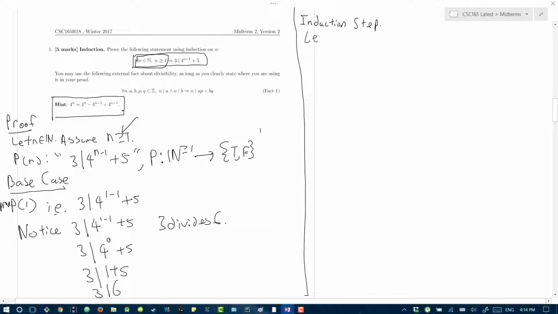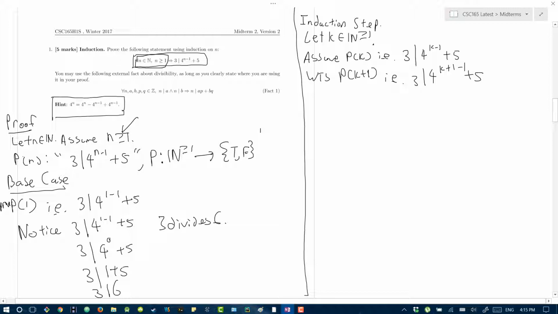Okay, so set a new variable k. This is a natural number that's larger than or equal to 1. Okay, then we assume P(k), which means that we're assuming 3 divides 4^(k-1) + 5, and then we want to show P(k+1), which means 4^(k+1-1) + 5.